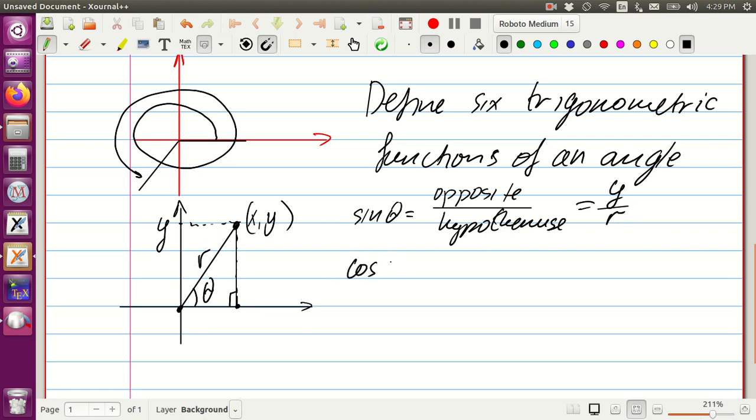And cosine of theta is adjacent over the hypotenuse, which is, adjacent is this side, and in our notation it's the x distance over r.